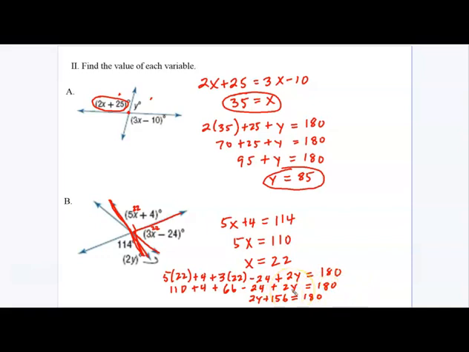So 180 minus 156 should be 24. 2y is 24. So y is 12. So we got our values of the variables. X is 22 and y is 12.